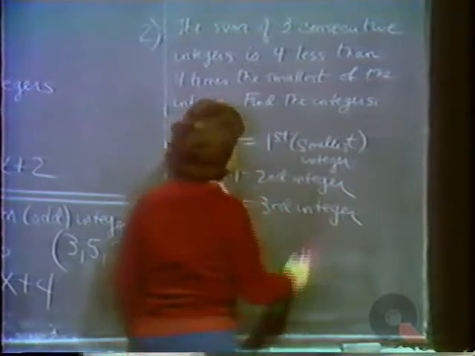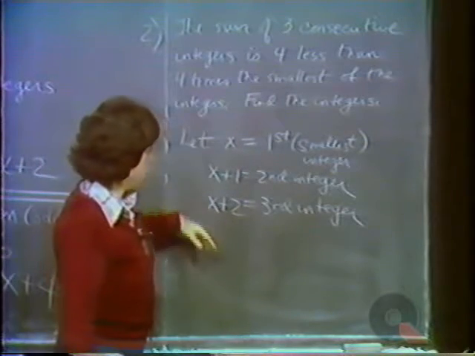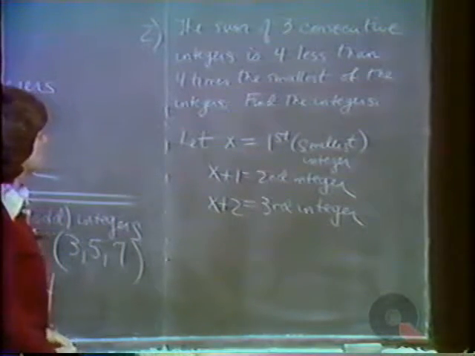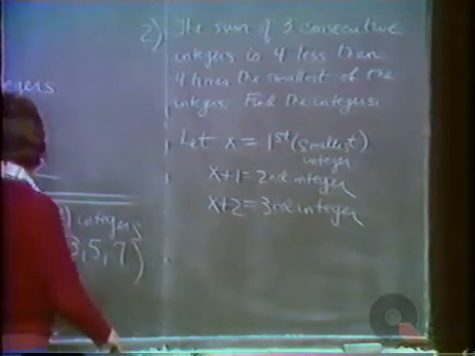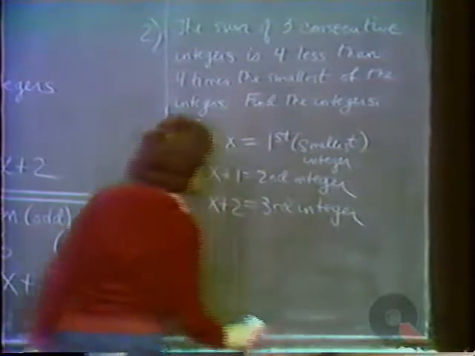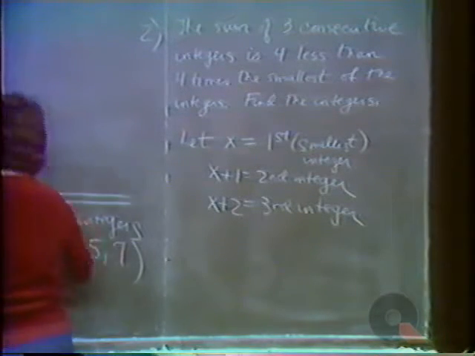These are consecutive integers, not even or odd, just consecutive integers. They're going up by 1. The sum of 3 consecutive integers. Okay, so we have indicated a representation for these integers. Now let's look at the problem.